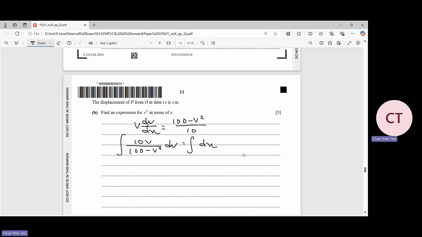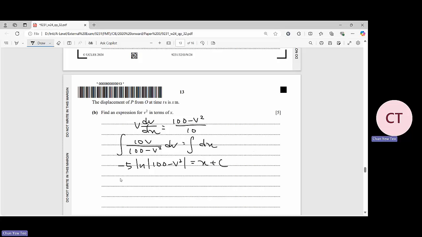So I will be using the formula of integrating f prime over f to integrate the left-hand side. So this answer will be -5 ln modulus of (100 - v squared) equals x plus c.